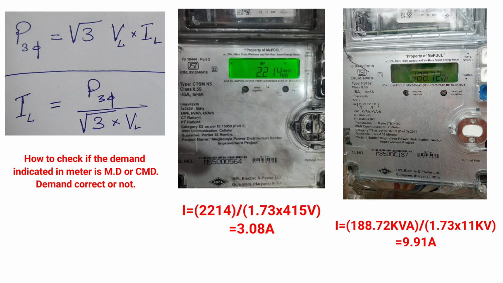Since this is an HT meter and the internal PT ratio of the meter is 100, or we say it is an 11 kV meter, we take the kVA 188.72 and divide it by 1.73, which is root 3, and by 11 kV.